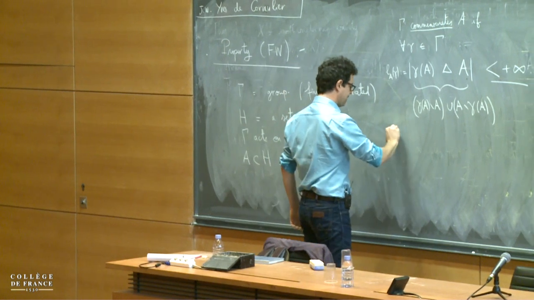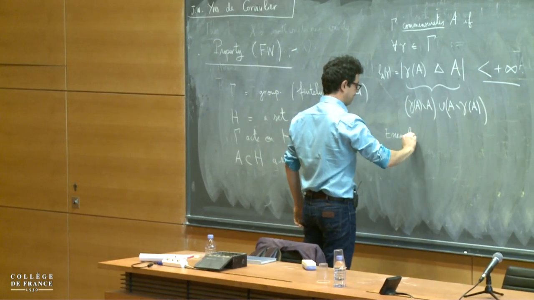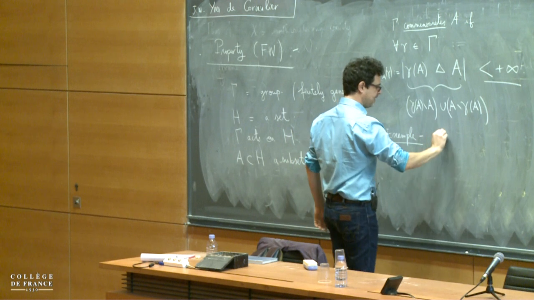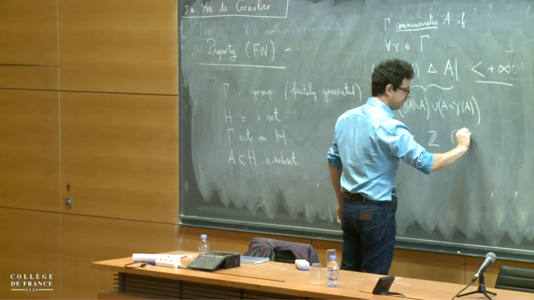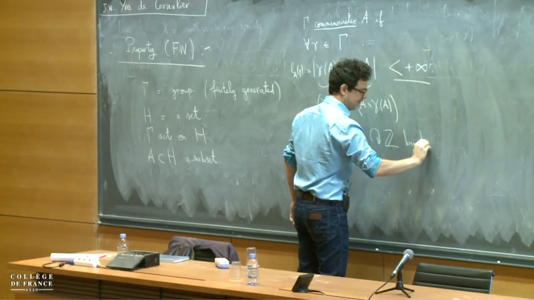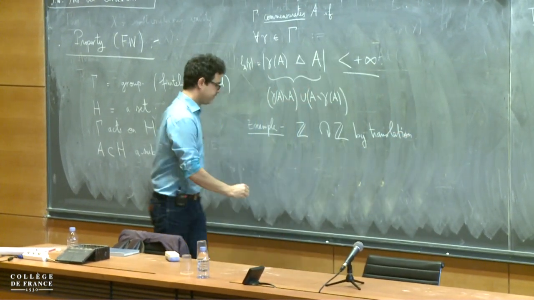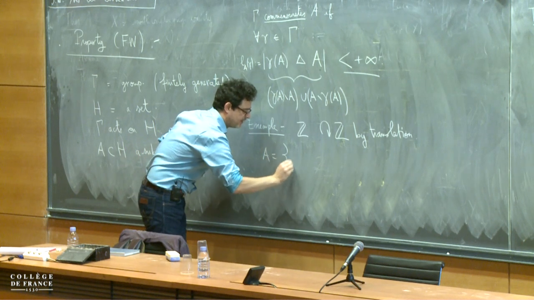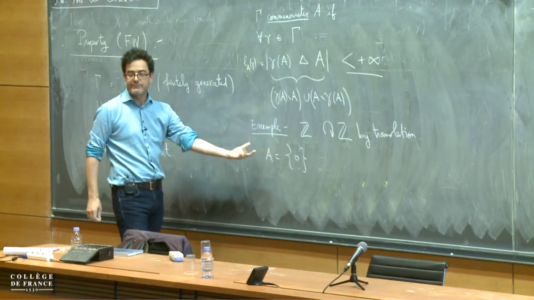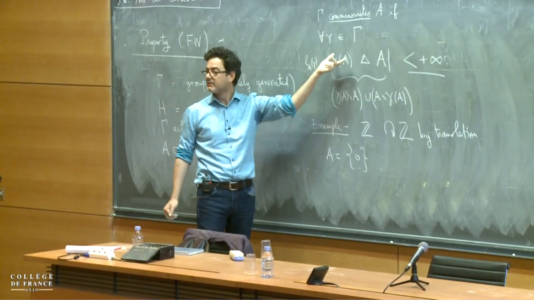So an example is Z acting on Z by translation. You can take A to be just one point. I mean, if A is finite, this is automatic.